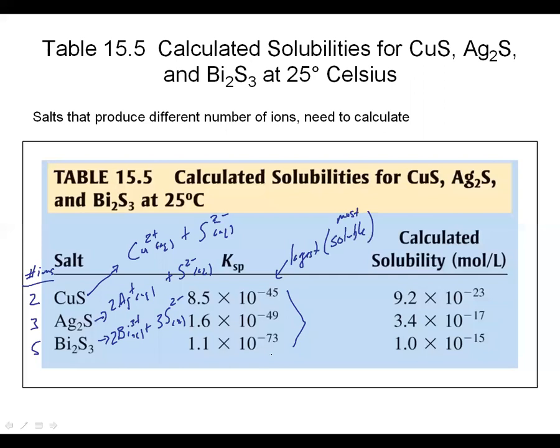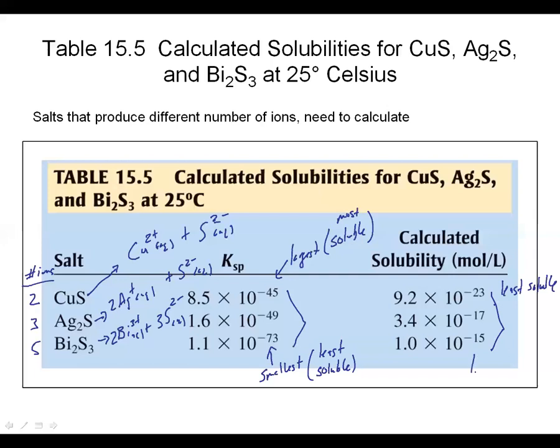And this one is the smallest, which, if you use Ksp, would tell you it is the least soluble. The reason you can't do that when salts break apart into different numbers of ions is that if you actually calculated the solubility of these, like they did over here in this part of the table, what we actually see is that the one on top, copper(II) sulfide, is actually the least soluble.